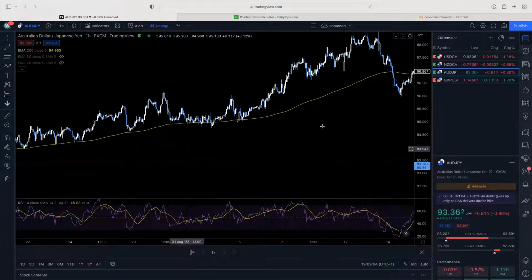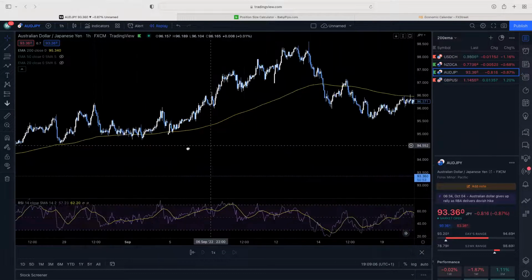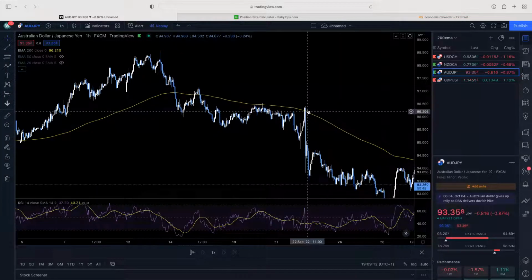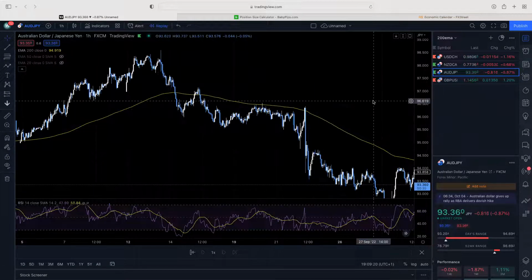So with AUD-JPY in particular, you can bank on when price comes up to the 200 moving average, there will be a strong initial reaction. And if it isn't instant, there might be the tiniest bit of movement through and then price shoots down. This is also the same with most other JPY pairs. Again, we're not going to go through every single pairing and talk through every single personality trait of these currency pairs, but we'll go through quite a lot of them.